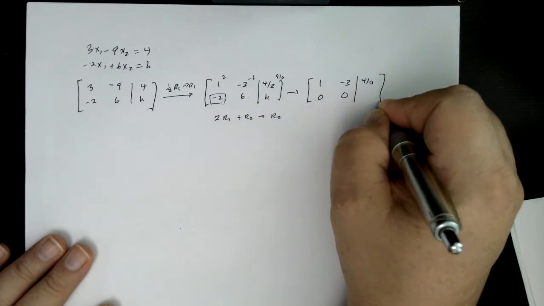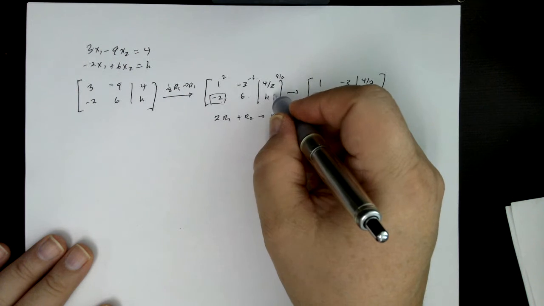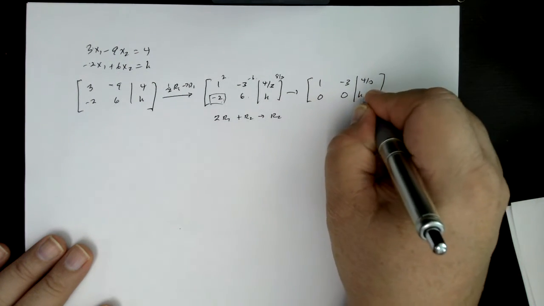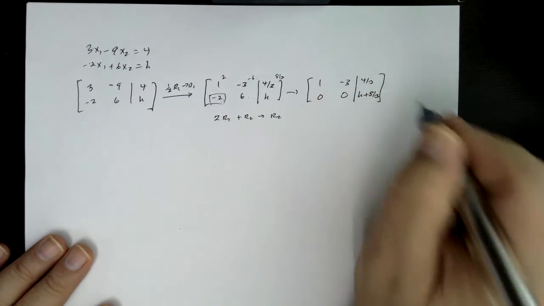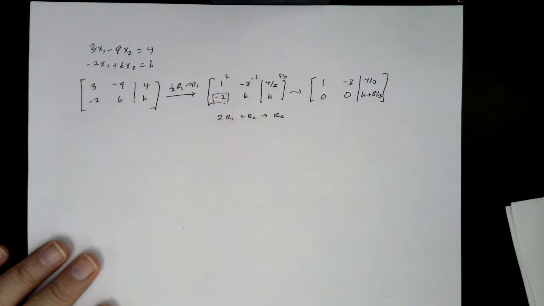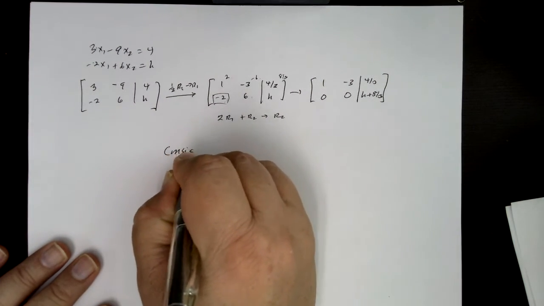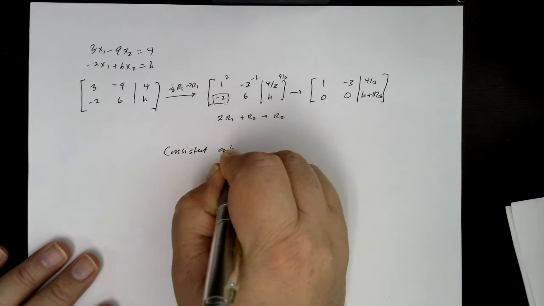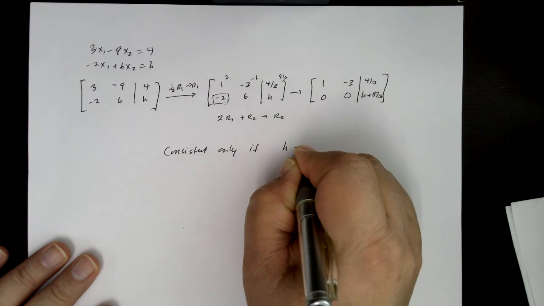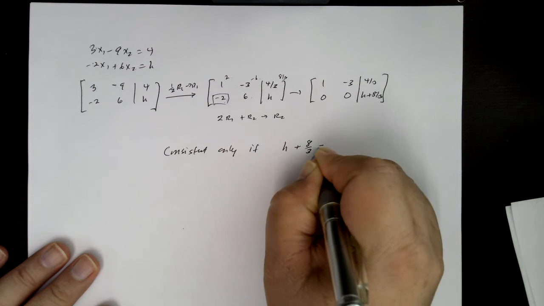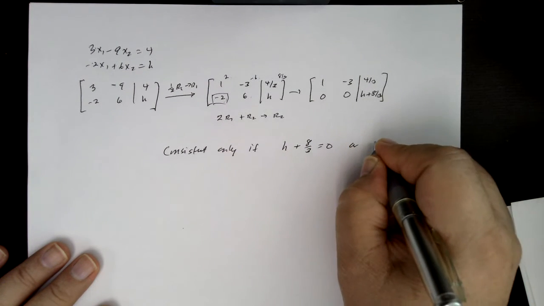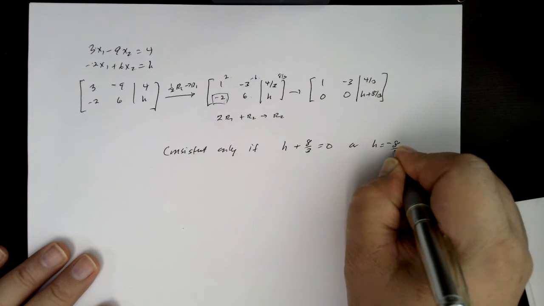Uh-oh. Danger sign. 8/3 plus h, so h plus 8/3. And so what is your conclusion? Yes, consistent only if h plus 8/3 equals 0, or h equals minus 8/3.